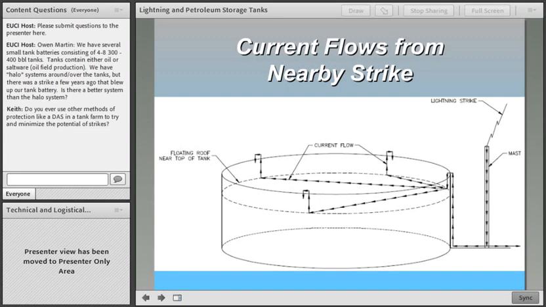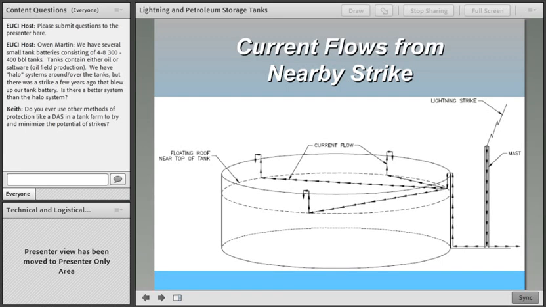And so if you were to employ a DAS in a tank farm, you would prevent strikes or suppress upward streamers, which may lead to strikes, from forming in and around the tank farm.